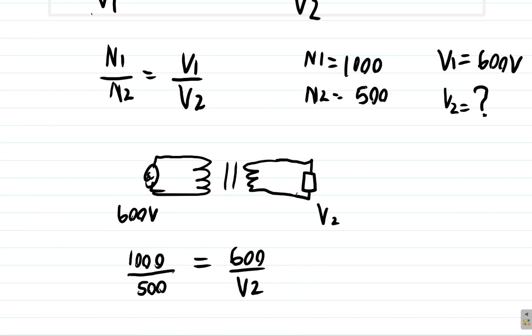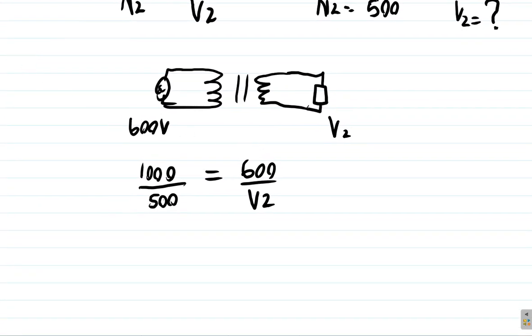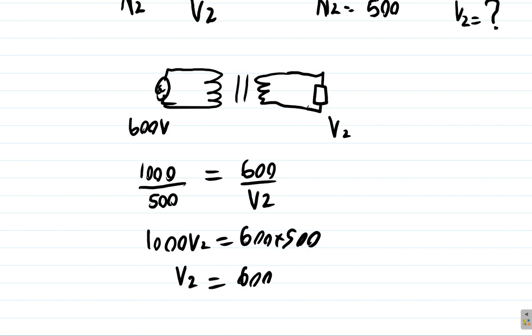Now when you transpose this equation, you could multiply both sides by V2 and multiply both sides by 500. In other words, cross multiply. You have 1000 V2 is equal to 600 times 500. Then you divide by 1000, so V2 is equal to 600 times 500 divided by 1000.